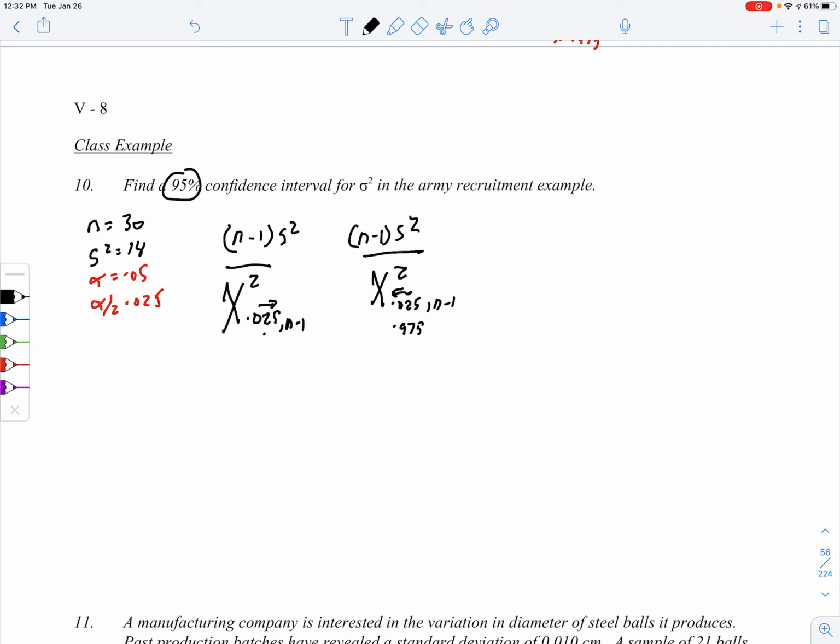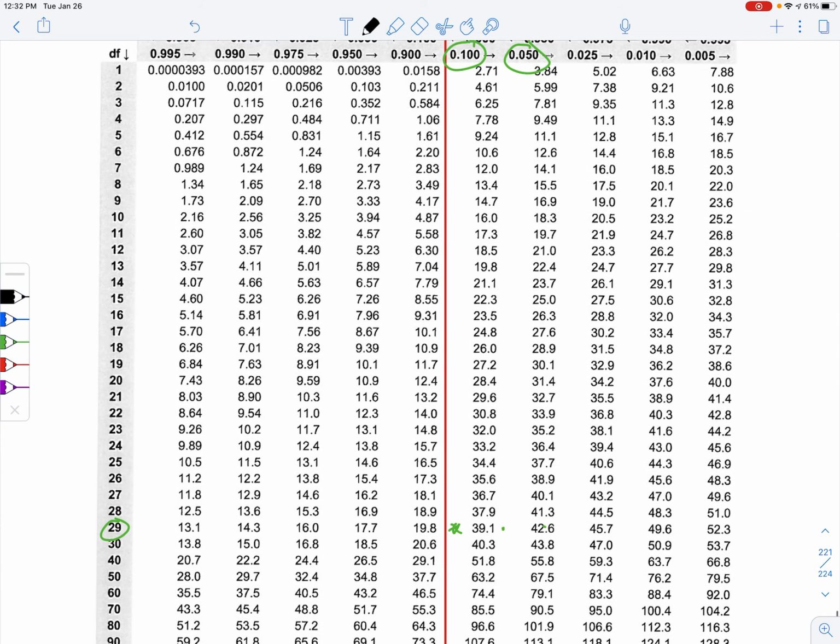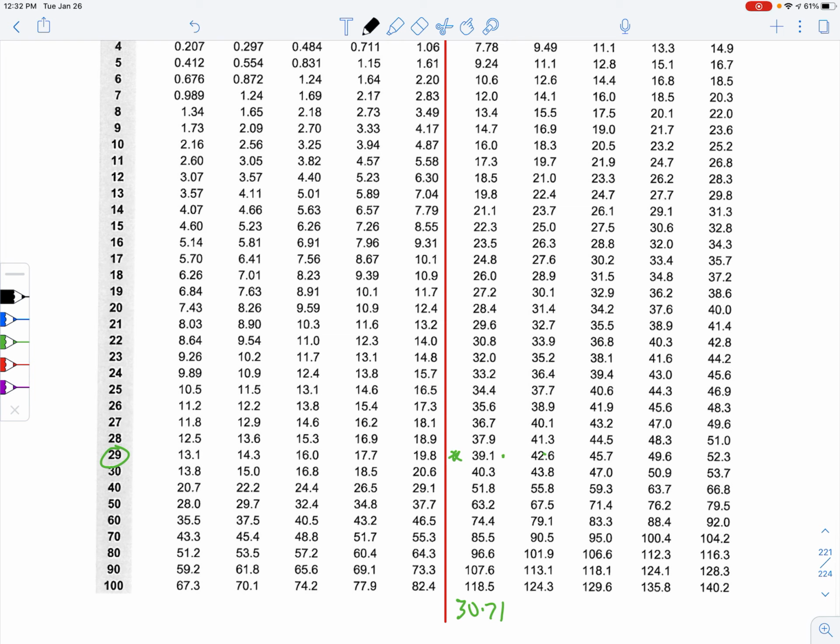Let's go and find these two guys here. So we're going to go to 29 degrees of freedom. Is that right? Yeah. That's n minus 1. So that's our n minus 1. And we'll go to page 221.